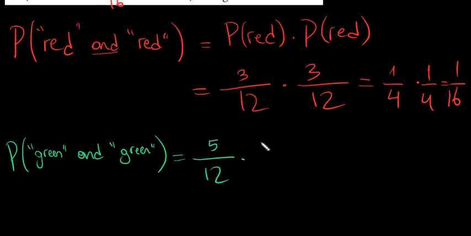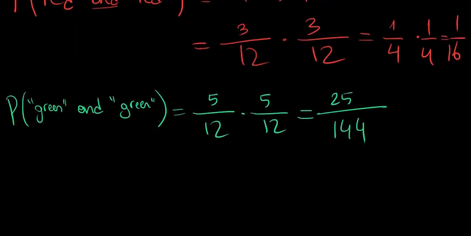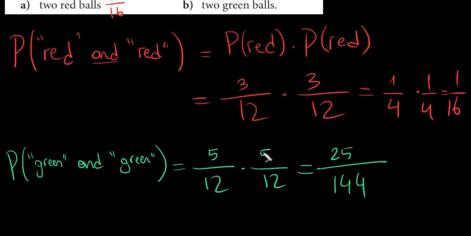The number of all balls is 12. 5 over 12, because the probability of getting green times the probability of getting green. So 5 times 5 is 25, over 12 times 12 is 144. Any question?